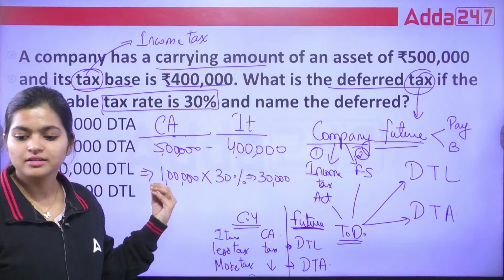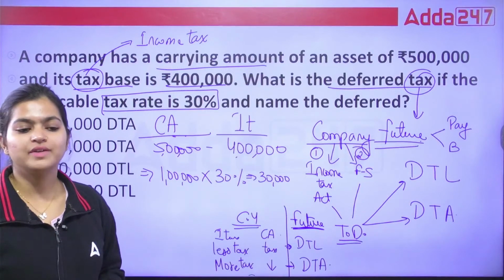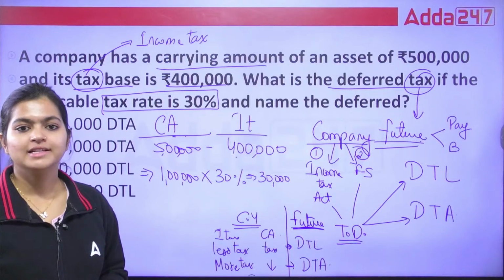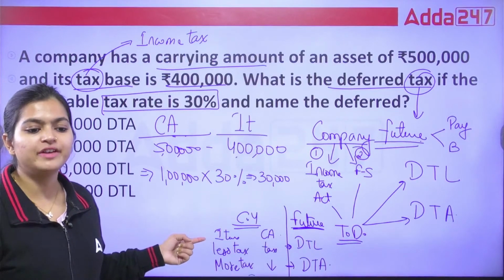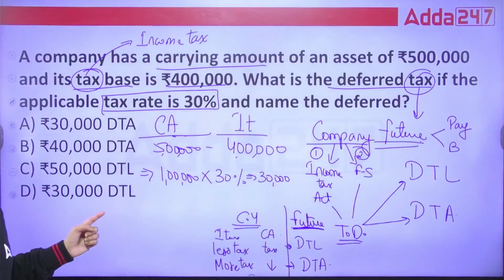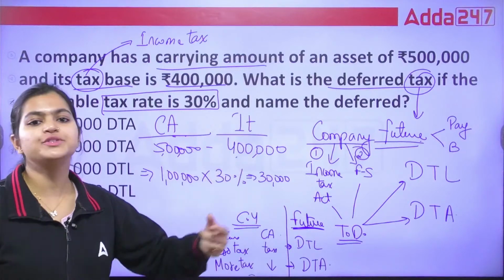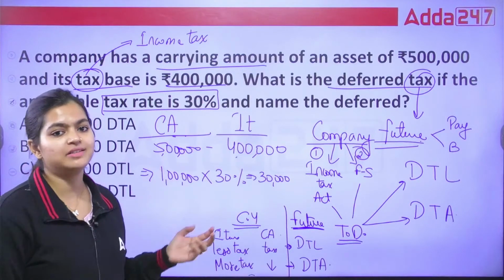by deducting this 1 lakh amount. So your answer will be DTL. This is not an asset. This is your liability. Because today you are charging more depreciation than under the Companies Act.